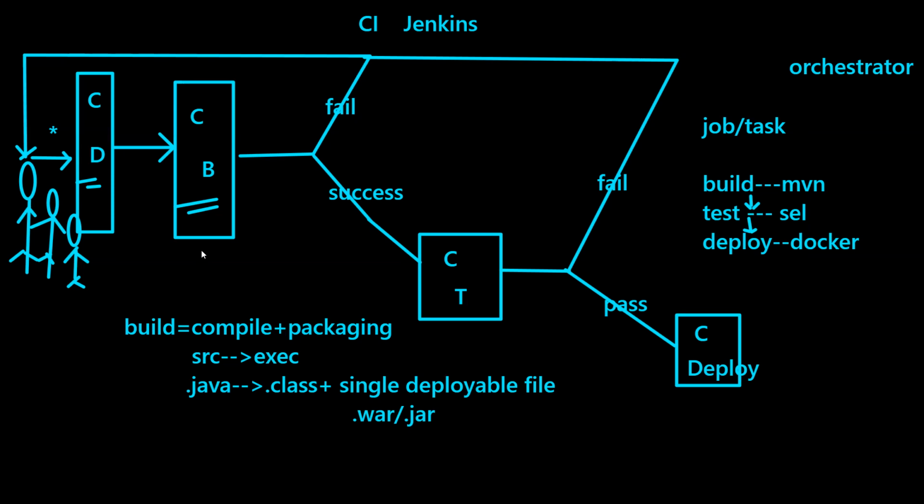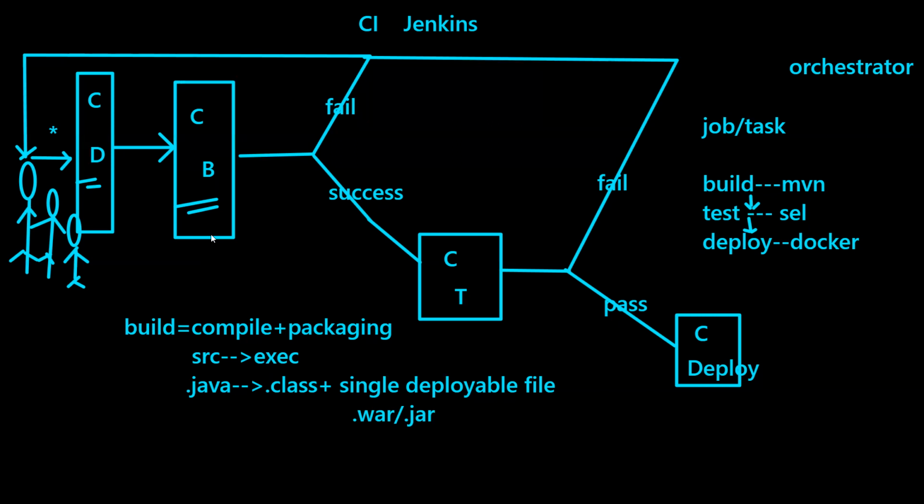So we are not making code here, ma'am. Code is already ready. We are not making the code. We are just compiling it and packaging it, with the help of Maven, correct, and then test with any kind of tool and then deploy. So there is no such development here, right, ma'am? Development is there, but we will not develop, because the code is already ready and we are just pushing it.